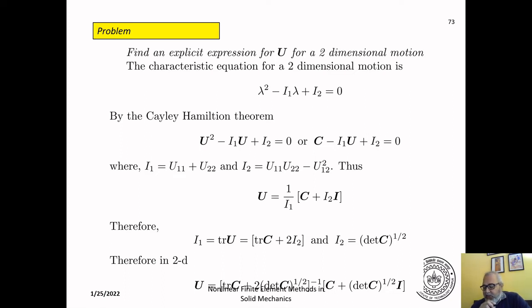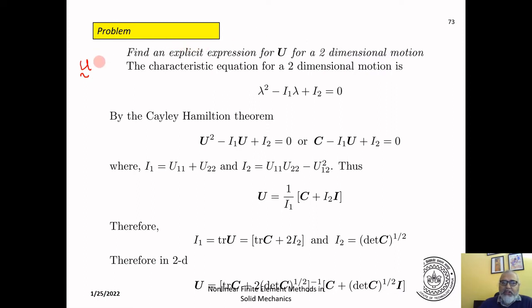What the Cayley-Hamilton theorem says is that the matrix itself, for which you are trying to find the eigenvalues, in our case the second order tensor U, satisfies its own characteristic equation. Now here's a problem where we use the Cayley-Hamilton theorem to find an explicit expression for U in the special case of a two-dimensional motion.